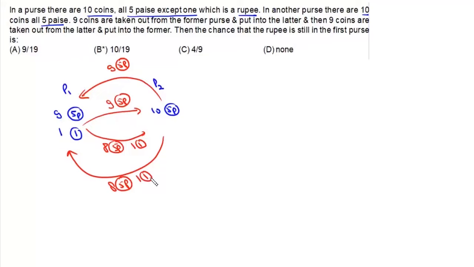So now we start writing this probability. Now this first case is when we have transferred 9 5 paise coins. So there will be 9C9 upon 10C9 into, now from this we have transferred 9 out of 19 5 paise coins. So there will be 19C9 upon 19C9.